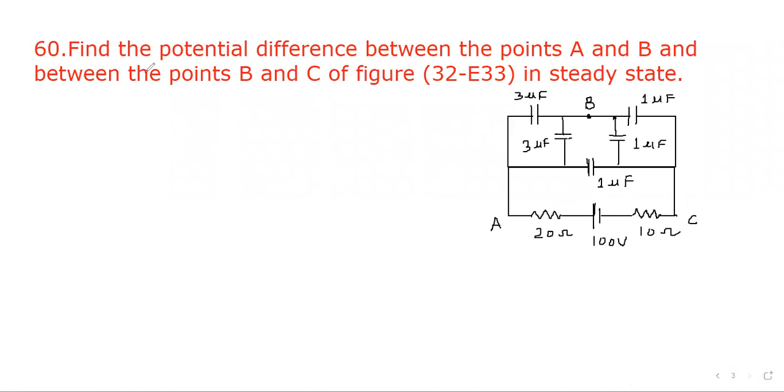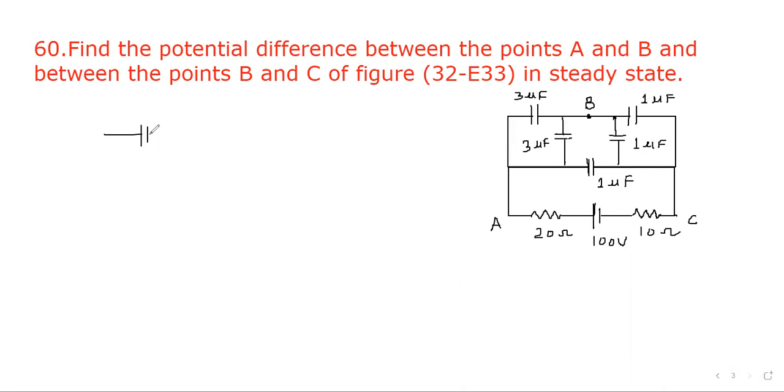Find the potential difference between the points A and B and between the points B and C in the figure in a steady state. So let's evaluate total capacitance. These two capacitances will be in parallel, and these two capacitances will be in parallel. So let's draw the equivalent capacitance.